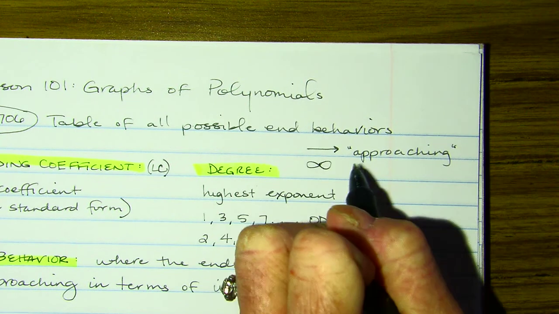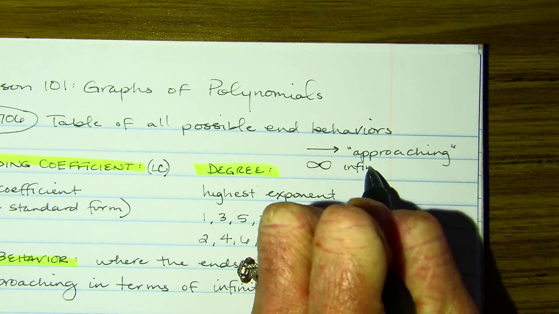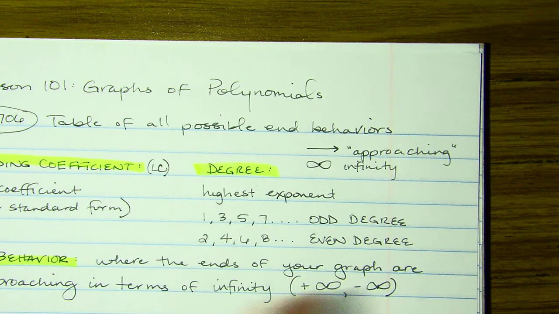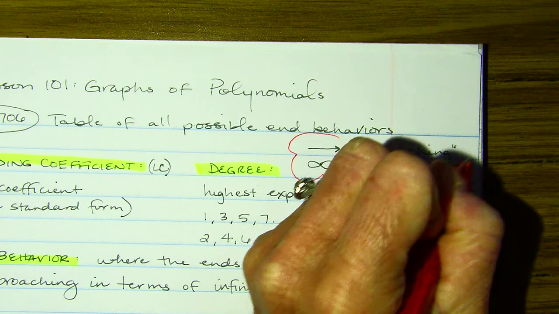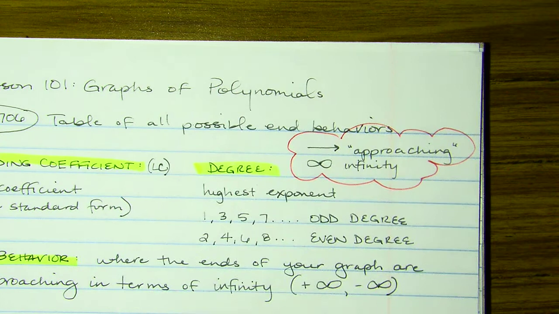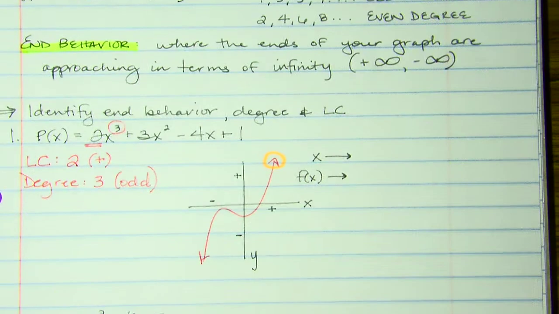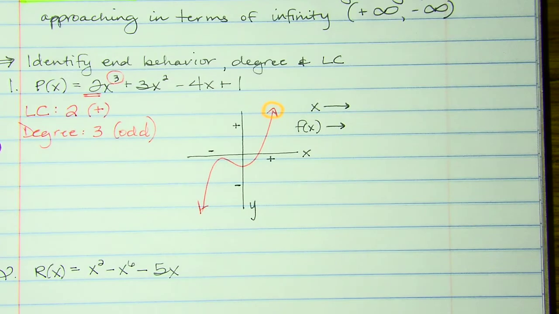And this symbol is for infinity. Okay? So these are two symbols that we use in mathematics because I want to write the least number of words possible if I'm in math, right? This is not English class.